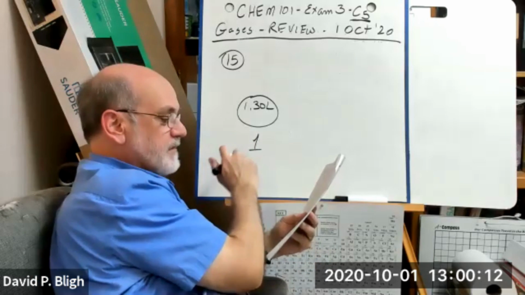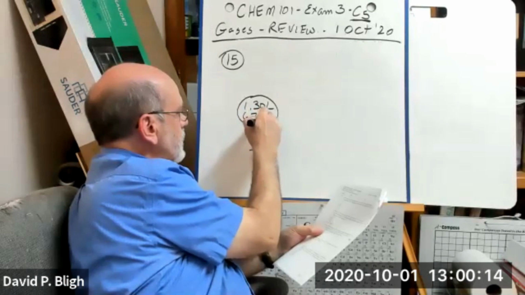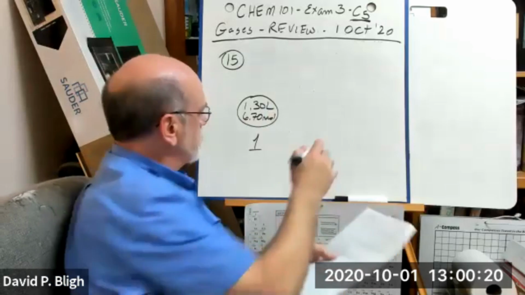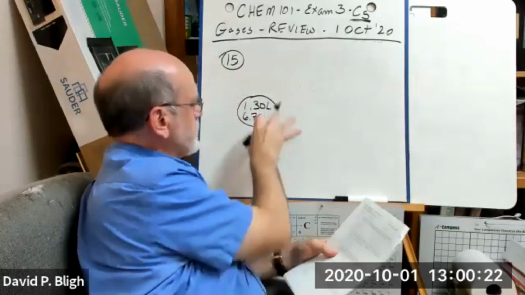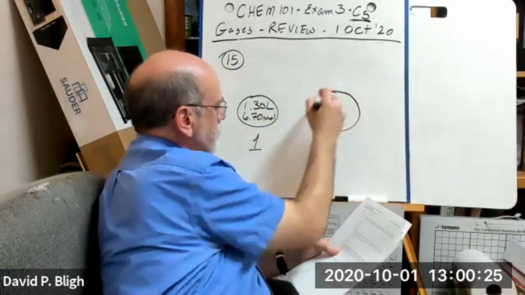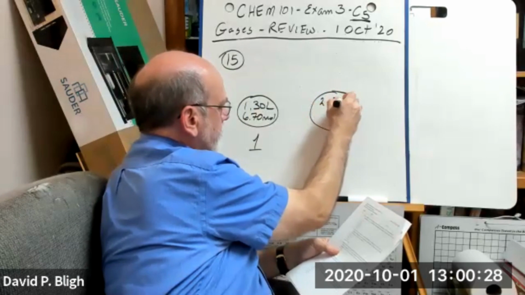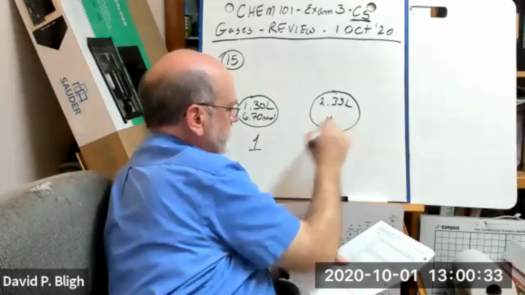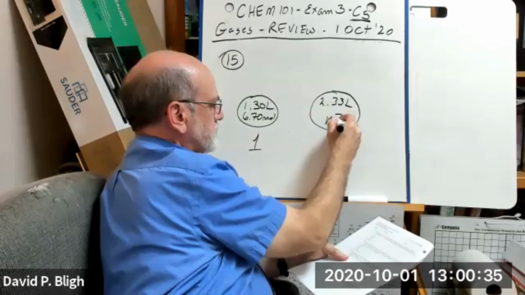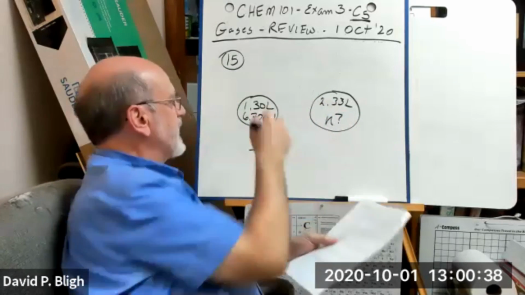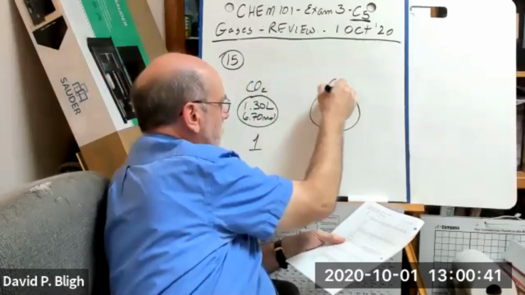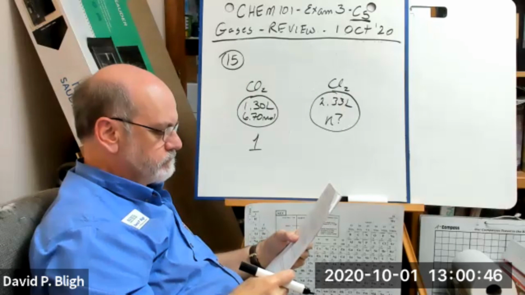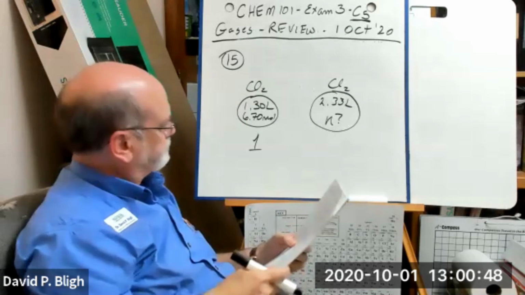So we have 6.70 moles. And then container 2 is 2.33 liters, so it's bigger. And the question is, how many moles does that have? And they each contain chlorine gas. Okay, that's all the information that we're given.